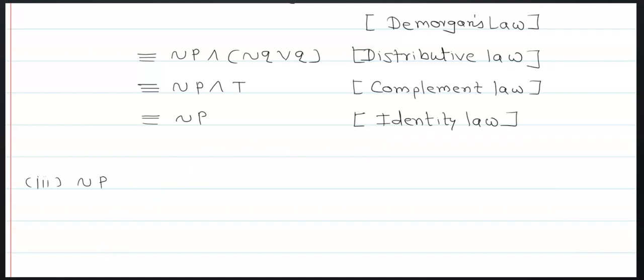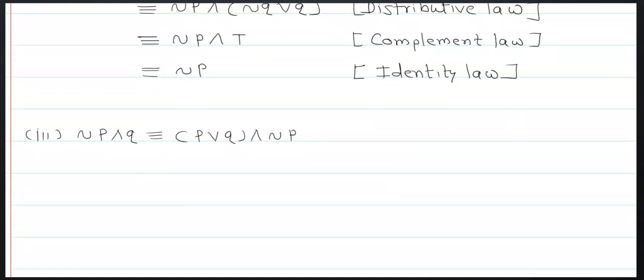Third, negation of P and Q is equivalent to P or Q and negation of P. Now in this case, P or Q and negation of P. First is commutative law.